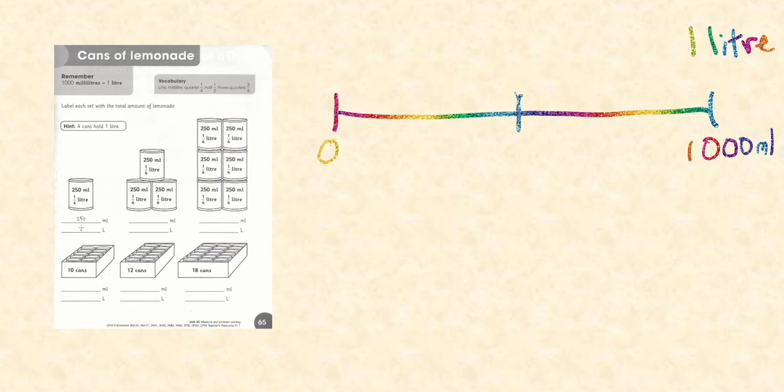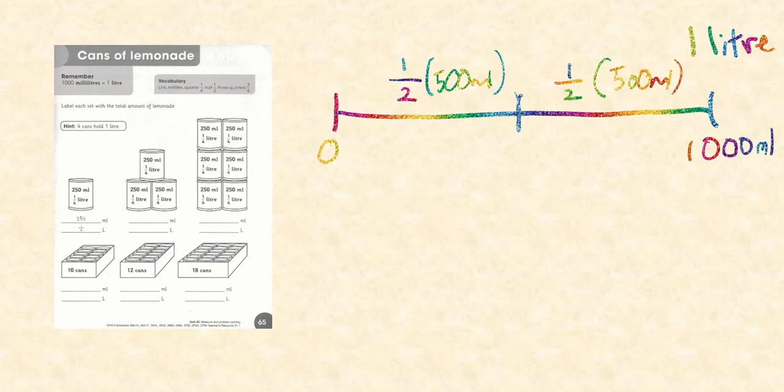So now I have half liter here and half liter here. So what will be this half liter? How much will it be? When I divide 1000 into 2, I will get 500 ml here and another 500 ml here, correct?